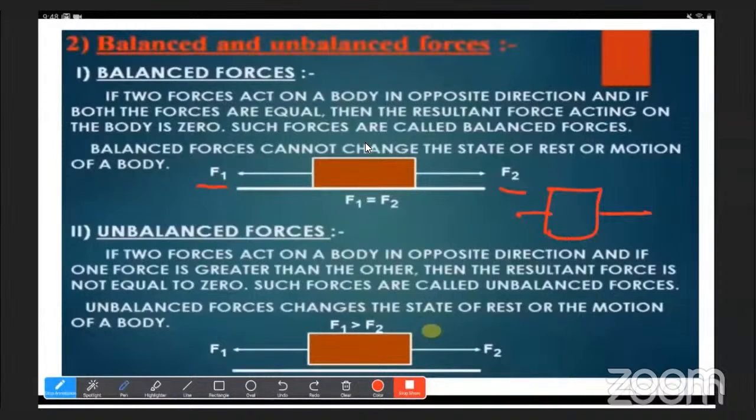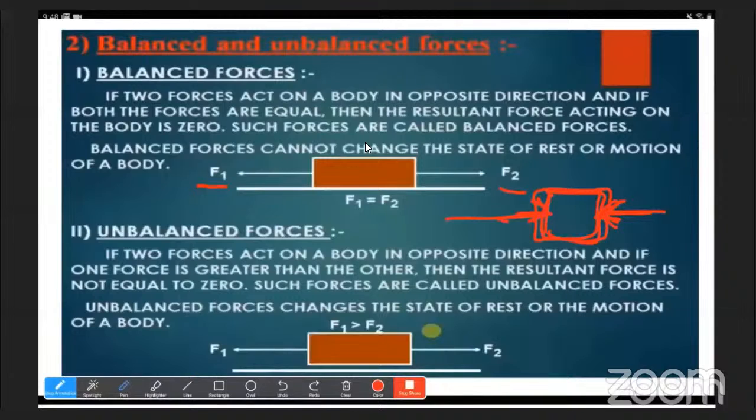So such forces are called balanced forces. Okay, so you can observe here. These two forces are in opposite direction and both forces are equal here. So the object is at rest until the forces are equal.